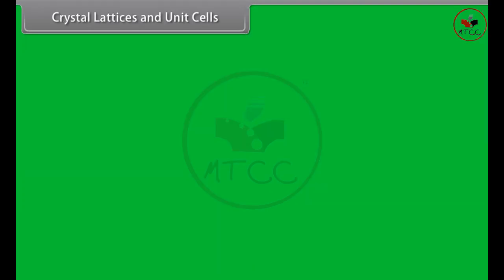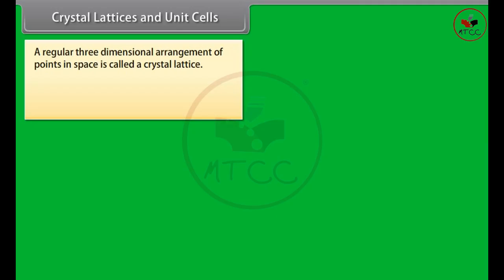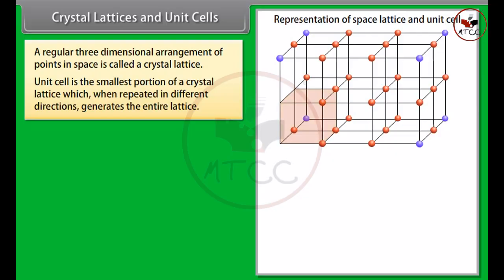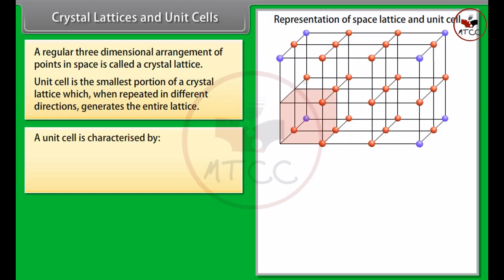Crystal lattices and unit cells. A regular 3-dimensional arrangement of points in space is called a crystal lattice. Unit cell is the smallest portion of a crystal lattice which, when repeated in different directions, generates the entire lattice. A unit cell is characterized by 1.